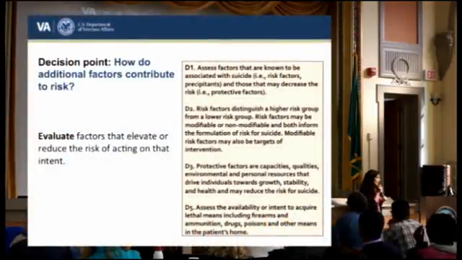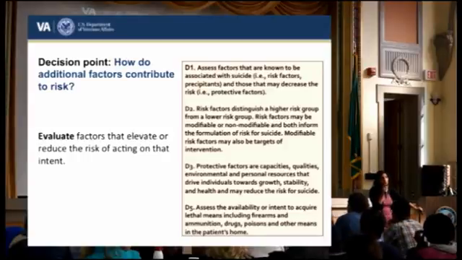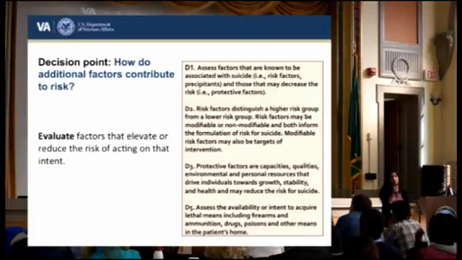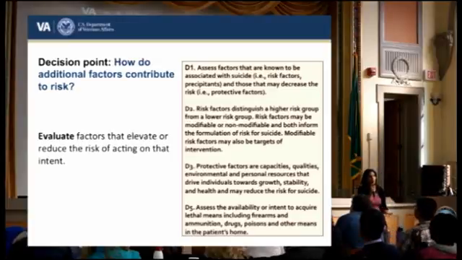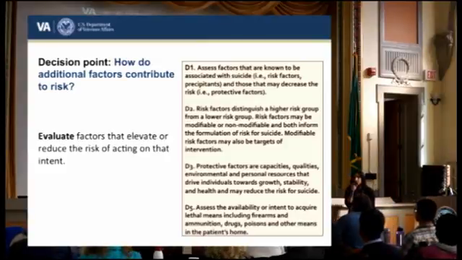So now that you have information on the more direct warning signs, whether they're having thoughts of suicide, what their intent is, whether they have a plan and access, what are some other things you want to add to that formulation to help you determine what level of risk they're at? This is where risk and protective factors come into play.